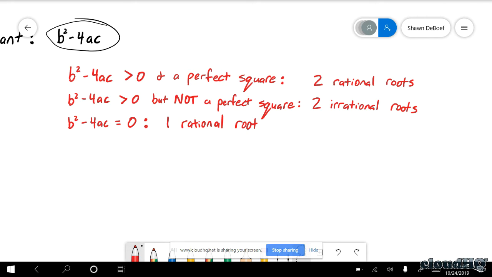And then lastly, what about when the discriminant was negative? We had complex numbers, and there were two of them. Two complex roots.